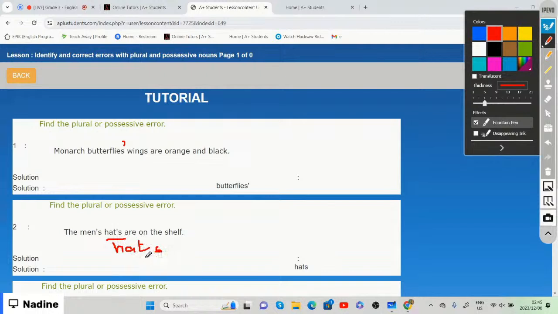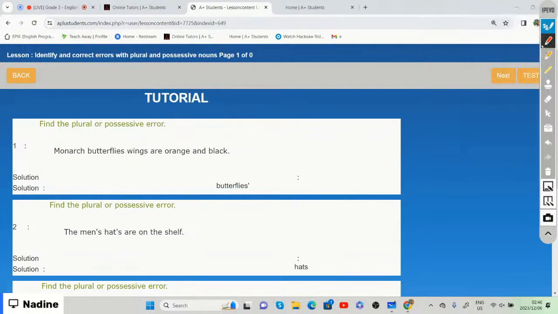Yes, so hats. It should only be hats, not with an apostrophe and an s. So we say the men's hats, which refers to more than one hat, are on the shelf.